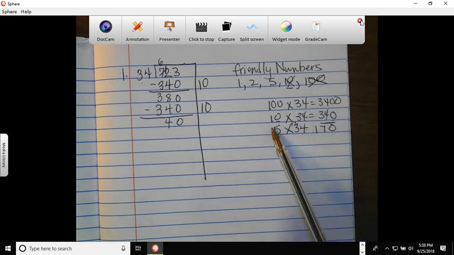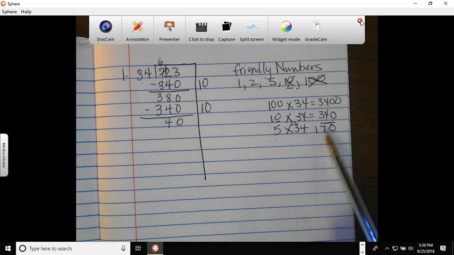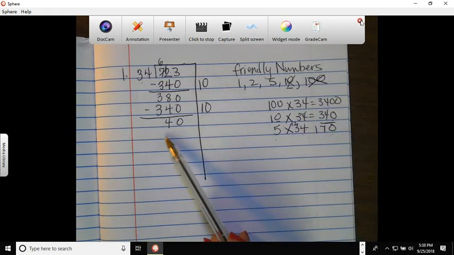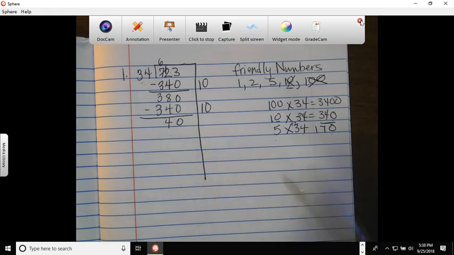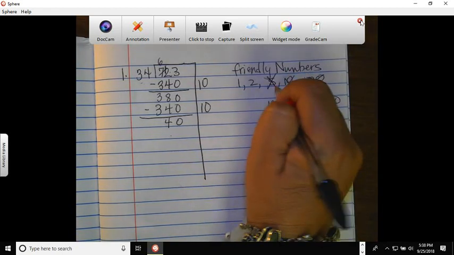Look how when you start to work with your multiplications, you can easily figure that out without multiplying. So I want you to see the difference. 170 is much greater than my 40, so my 5s won't work.